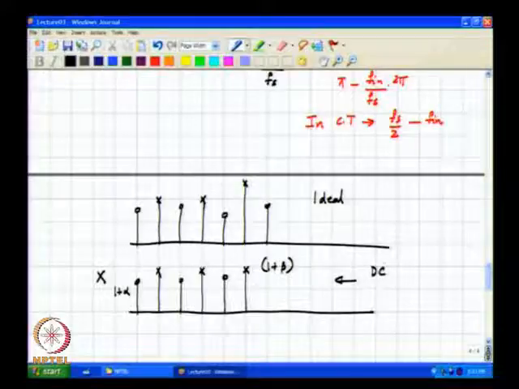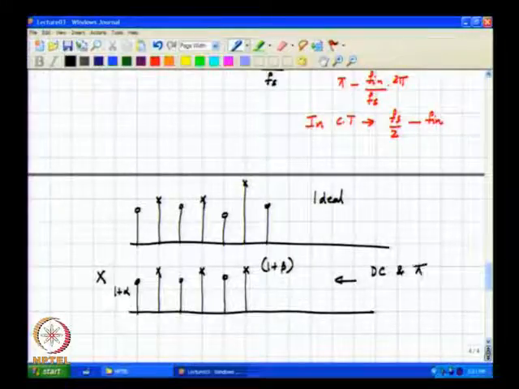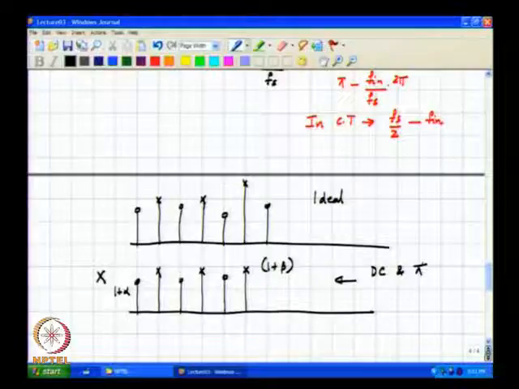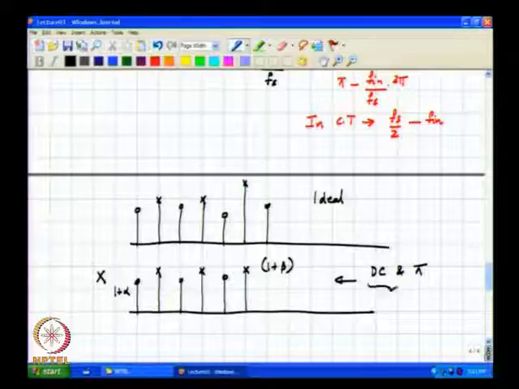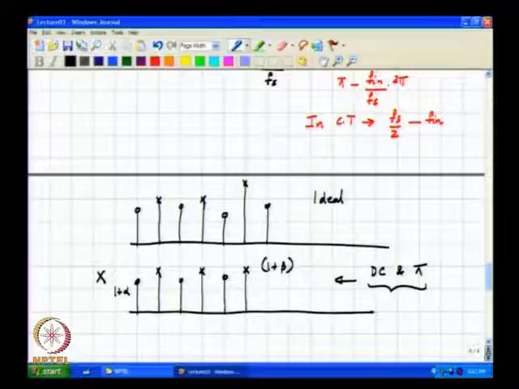It consists of DC and a tone at pi, which in the continuous time domain maps to Fs by 2. So, if you take a sequence and multiply it by another sequence which has got both a constant term and a tone at pi, what would you expect for the output sequence?